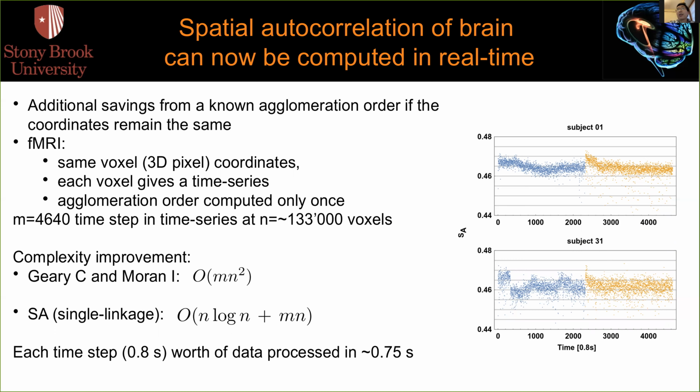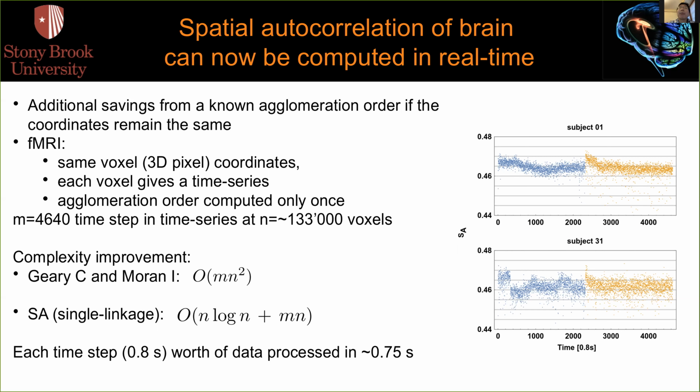A very useful example for such a problem is fMRI, or functional MRI data, where we have voxels, or 3D pixels, in the brain that give out data, but the coordinates of these voxels never change throughout the experiment.